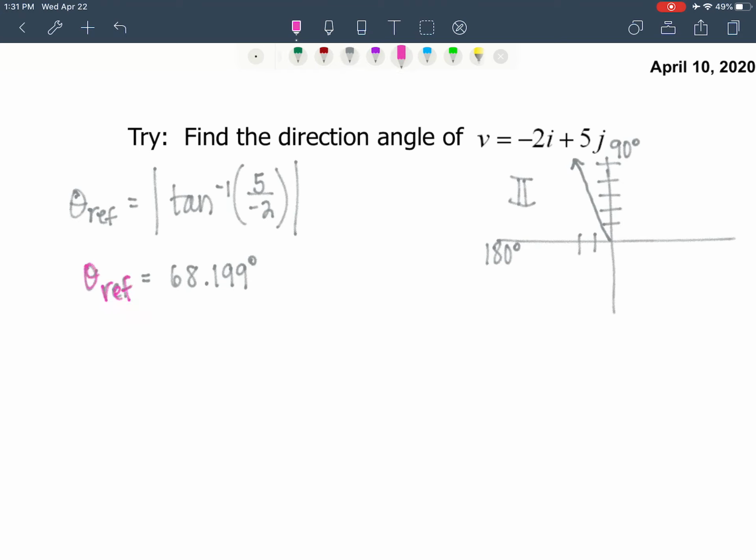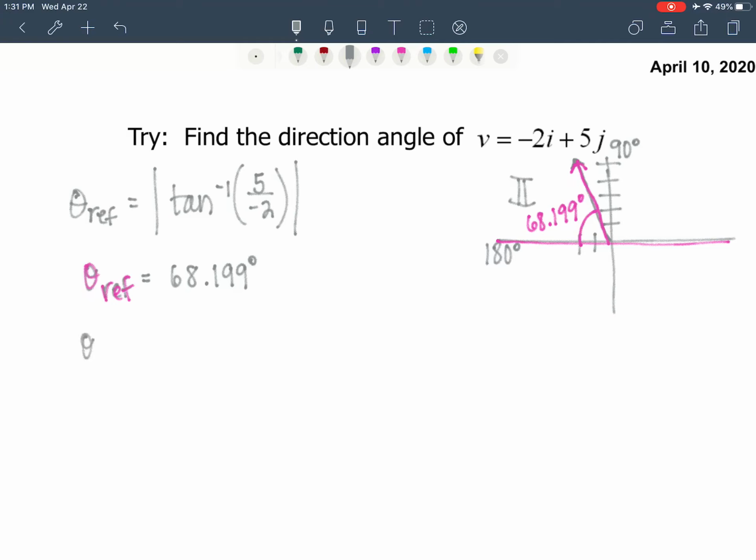If you don't remember, you might want to go back to the definition of a reference angle. It's a positive acute angle made with the x-axis. So here's our x-axis, and that portion right there is 68.199.